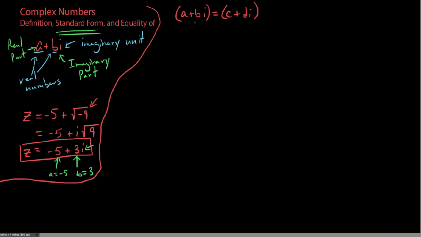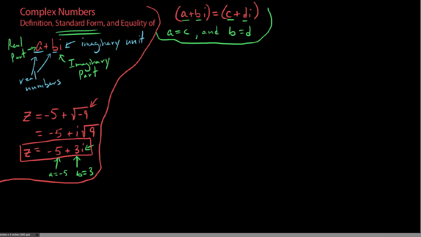This would be true if and only if a were the same thing as c, and b were the same thing as d. So basically, two complex numbers are equal if and only if a is equal to c and b is equal to d, given this definition up top.